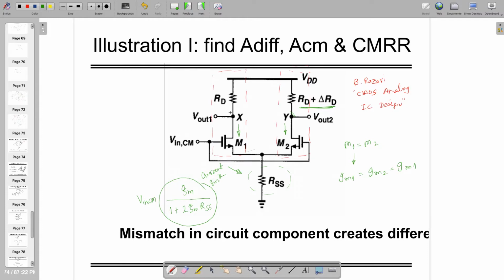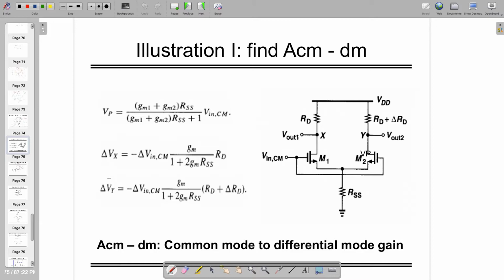So if you're writing Vout1 and Vout2, you're going to see that Vout1 and Vout2, which are actually the small delta change, I can write down from this current that is equal to nothing but gm by 1 plus 2 gm RSS, which is flowing through this one. Both the transistors are identical and their transconductance is gm. So you can write down this one very easily.